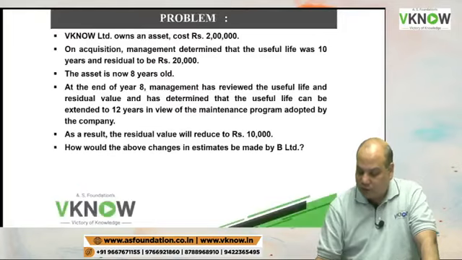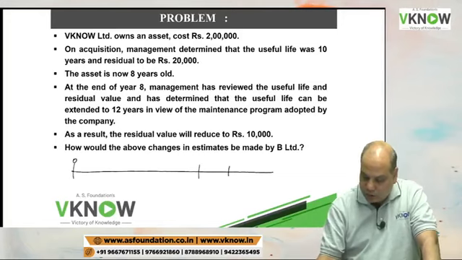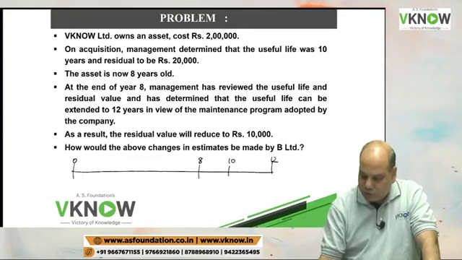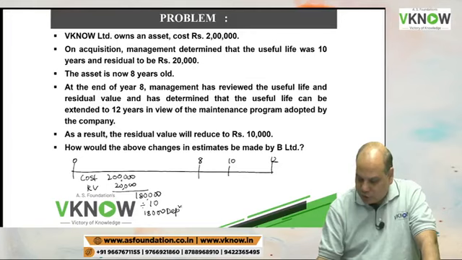So now first I will explain. Year 0, year 8, 10, 12. So cost was 2 lakh, residual value 20,000. So depreciable amount was 1,80,000. Life 10 years, so divide by 10. So depreciation originally estimated was 18,000.